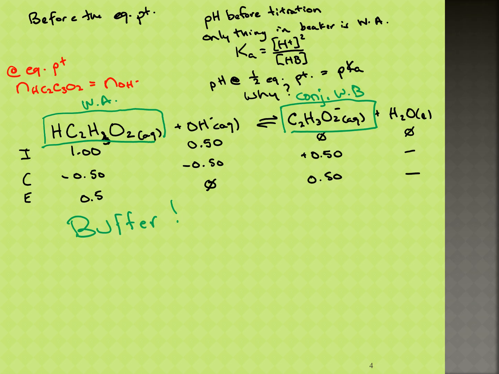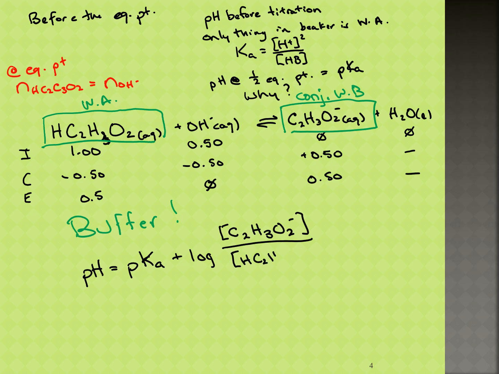Now we can also calculate, and we could say, okay, well, the pH of this would be equal to the pKa plus the log of the base part, which is our acetate anion, divided by the acetic acid, like so. Well, the log of 0.5 divided by 0.5 is 0.